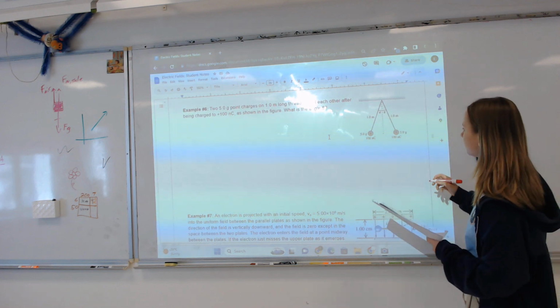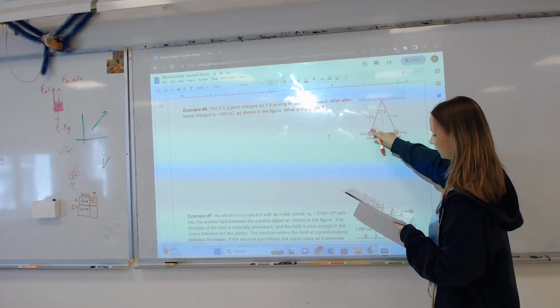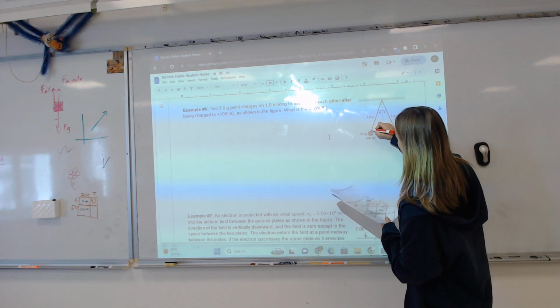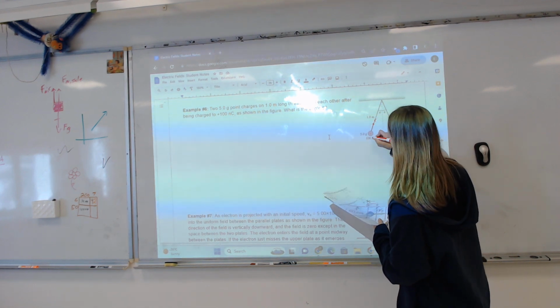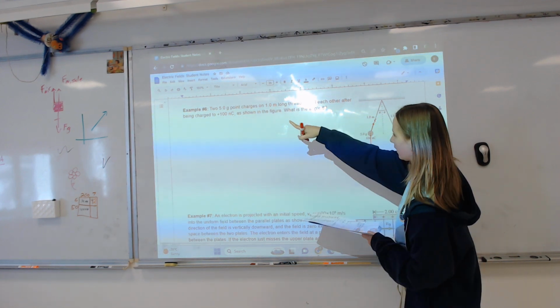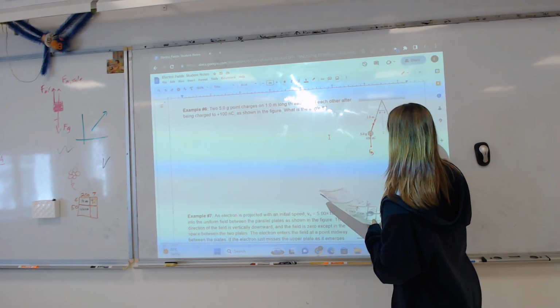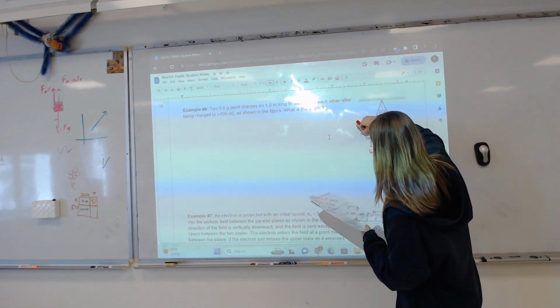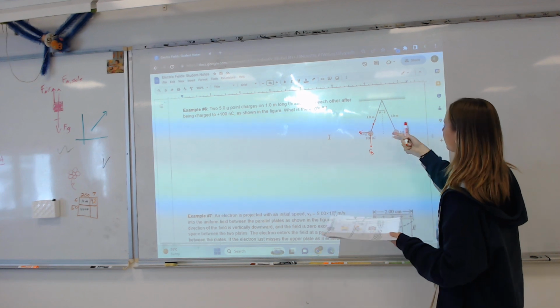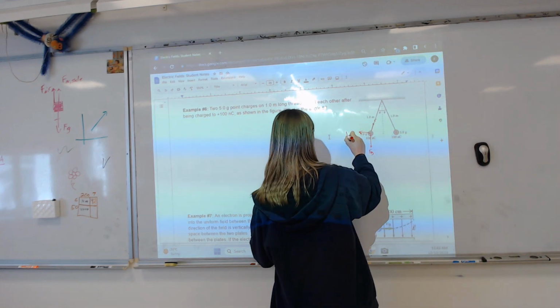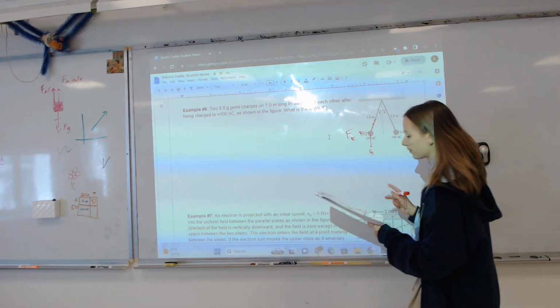The way I started was by drawing a free body diagram for one of these charges. Here we would have tension this way, Fg because it has a mass, and then the repelling force from the other charge, which is Fe.